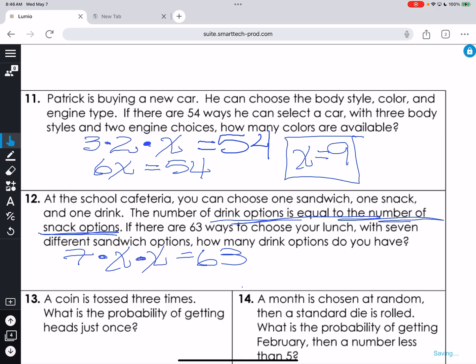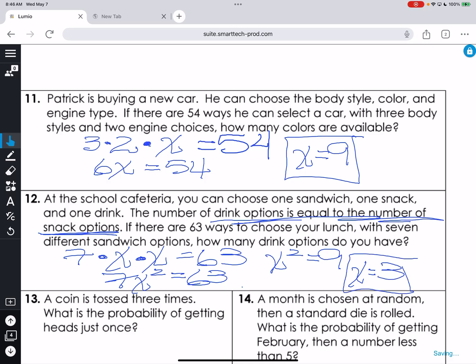So that's going to be 7x squared equals 63. And so x squared equals 9. And like Gabe said, we know that's 9, but what do you do to make those be the same? X equals 3. Wait, where did you get x squared equals 9? 63 divided by 7. Oh, I see.